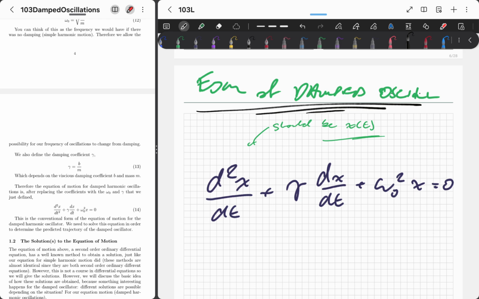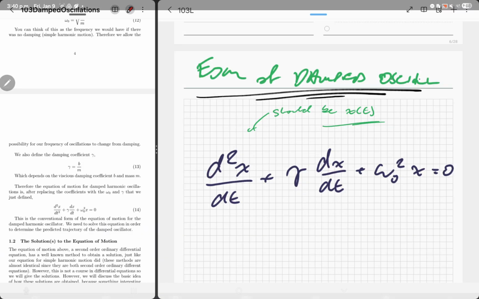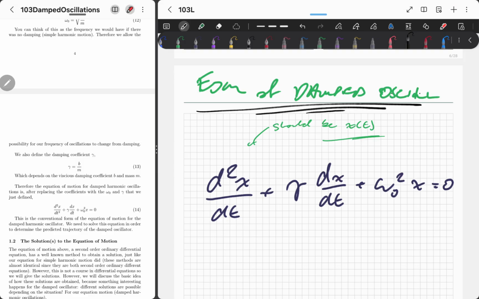Now, there's a big difference here. There's a big difference when we talk about damping. Remember, for the ideal spring, we solve the equation of motion. It just goes back and forth forever according to some cosine function. The damped oscillator is quite interesting because we have one equation of motion and three different types of motion that can happen.